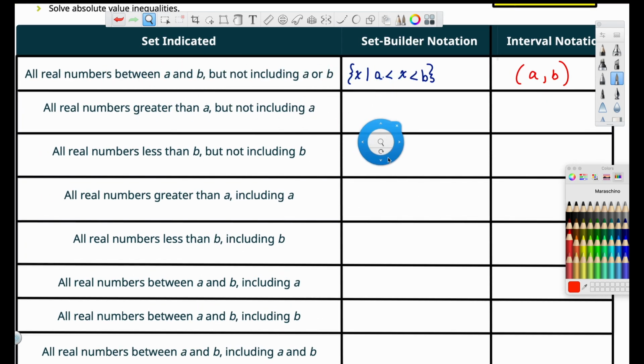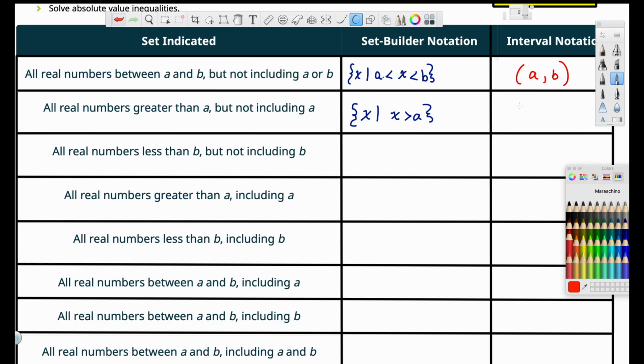All real numbers greater than a, but not including a. All right, so set builder notation, we use the curly brackets here. We say all real numbers of x here, and we're going to say greater than a, but not including, so that's going to be x has to be greater than a. And then close it with another set of curly brackets.